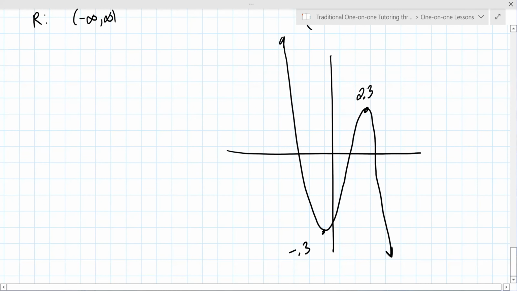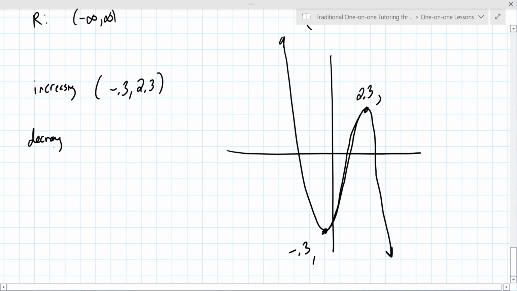And if I ask you, where is this graph increasing? Increasing means it's going up and to the right, and it's just in this middle section that it's going up and to the right. It's only the x values. Notice I didn't even write the y values because we don't care about them. It's from minus 0.3 to 2.3.